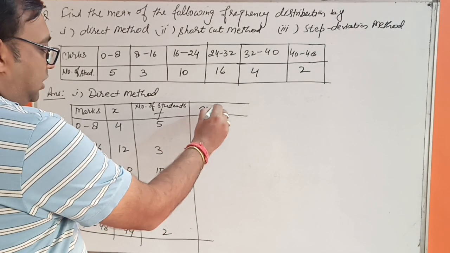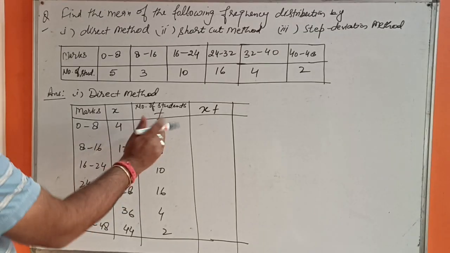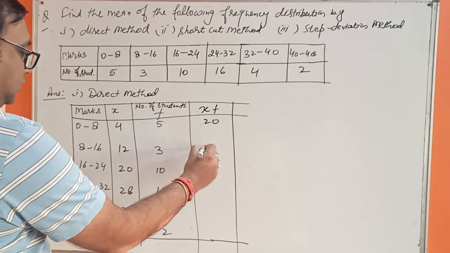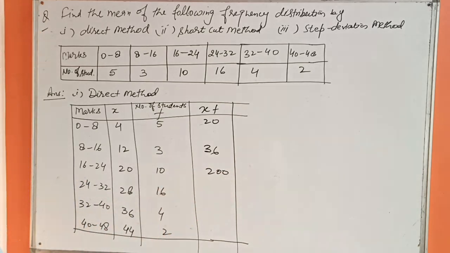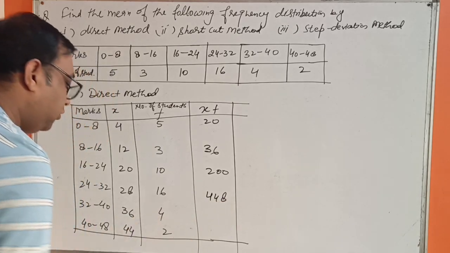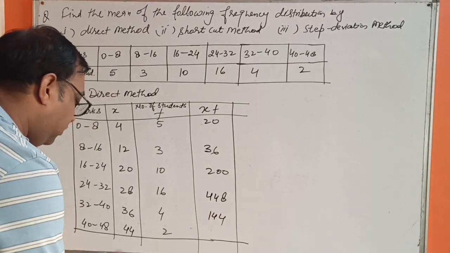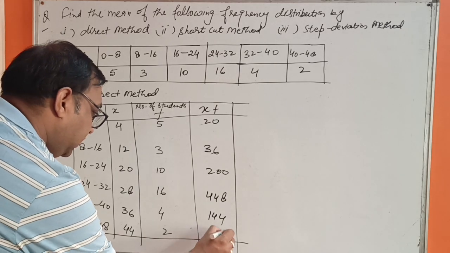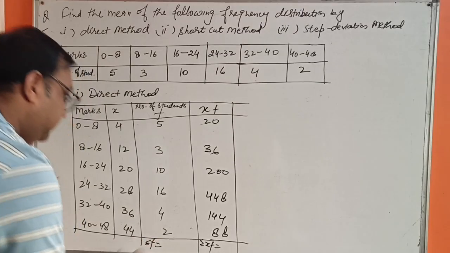So in the direct method you have to find the xf. How to get it? Multiply these: 4 times 5 is 20, 12 times 3 is 36, 20 times 10 is 200, 28 times 16 is 448, 36 times 4 is 144, 44 times 2 is 88. So find sigma xf and sigma f.